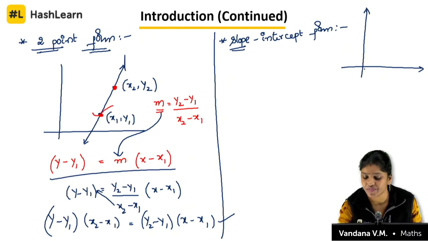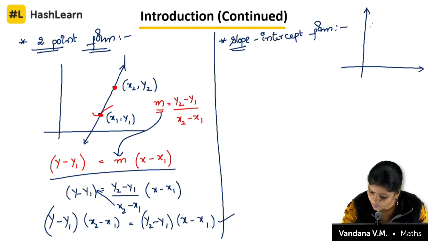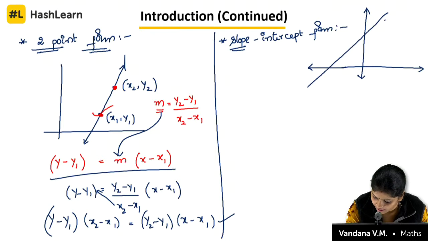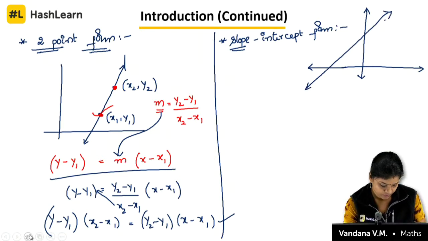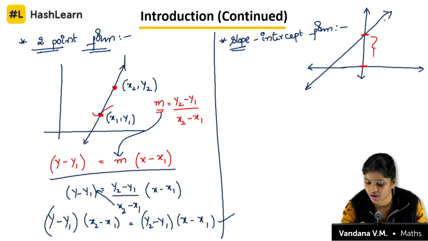The distance from the origin to the x-axis is called x-intercept. Suppose if I am taking the point like this, the line like this. Now, here from the origin to this distance is called y-intercept.